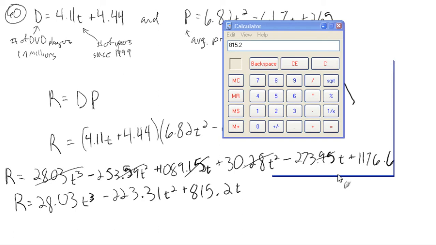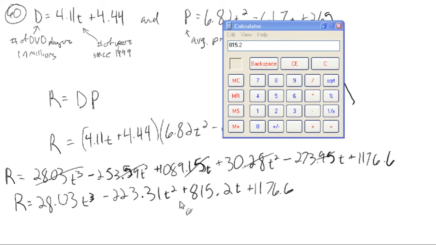They've been taken care of, and we just have the constant of 1,176.6 left. And good, that's all taken care of. That is a function that if you put in t, which is the number of years since 1999, it'll tell you how much money they made in that year on DVD players.